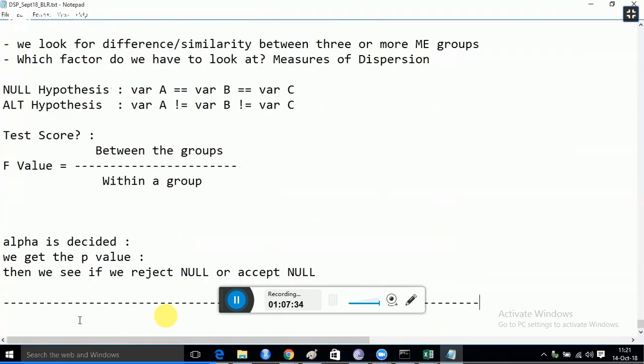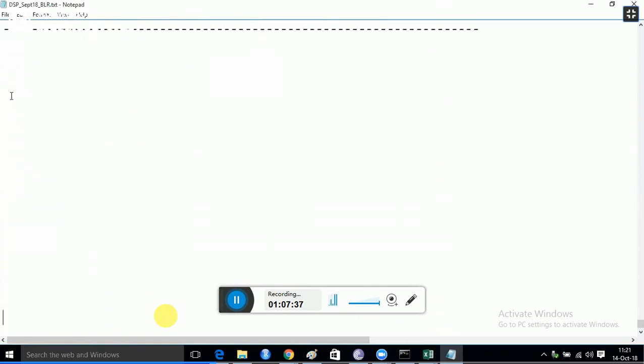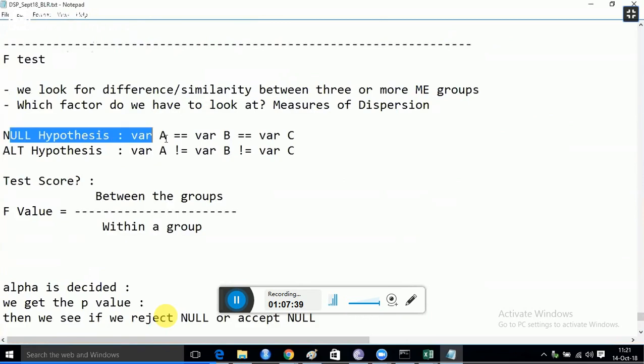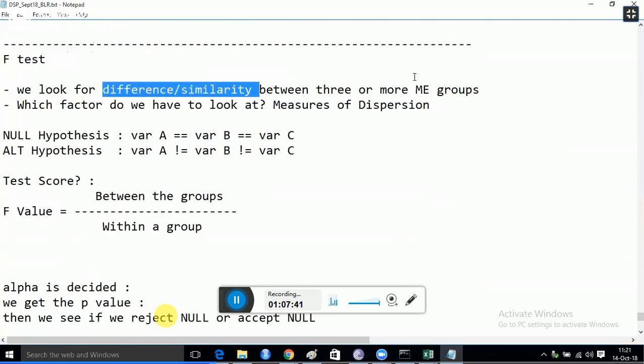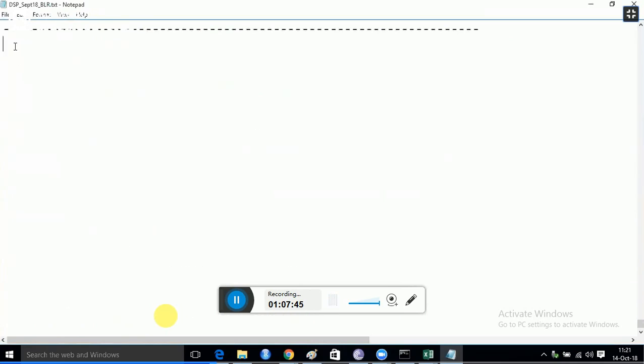Next up, till now, what we have been saying is we had groups, which are categories, in other words. And we also had one continuous variable to look at, right? Sales, spend, these are all continuous variables.